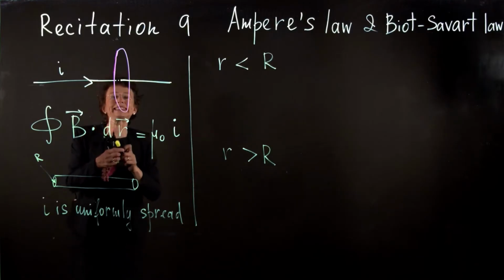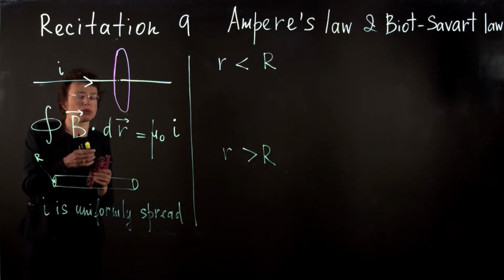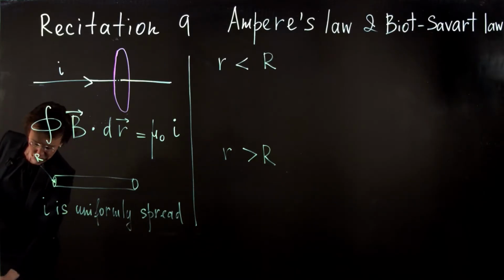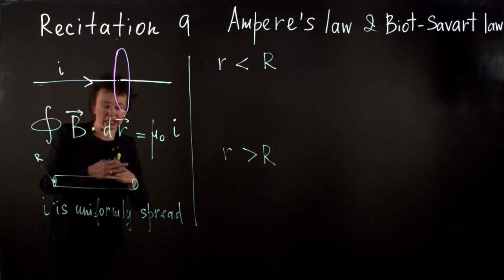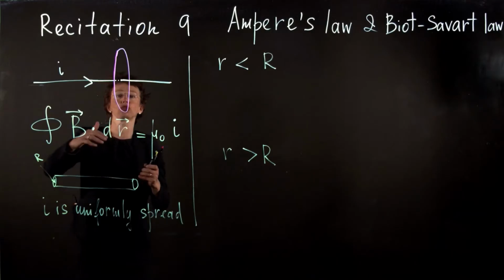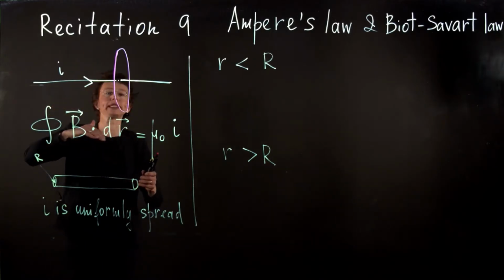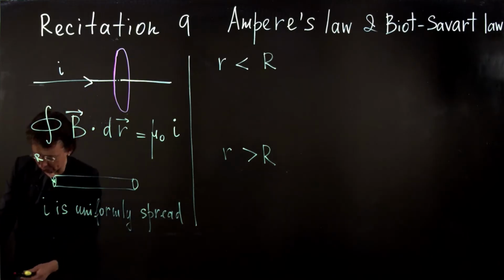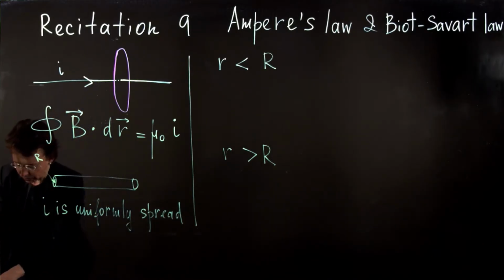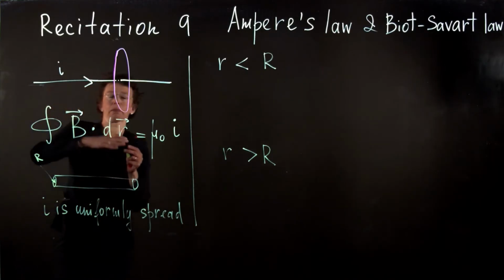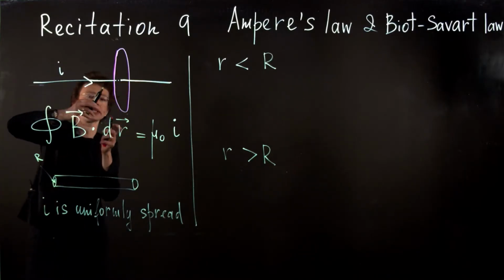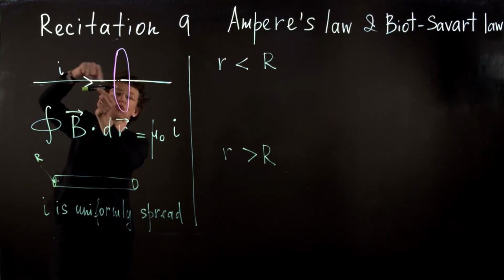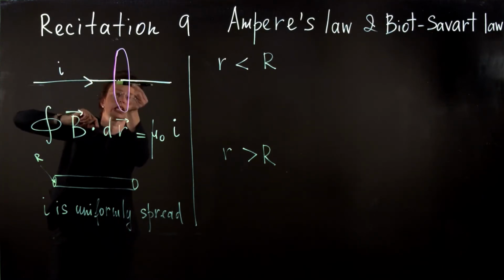Okay, now what is the direction of the lines of the magnetic field? To find the direction, you need to use the right-hand rule. Ironically, I use my left hand because you see my mirrored image. This is my wire with the direction of current I in this direction.